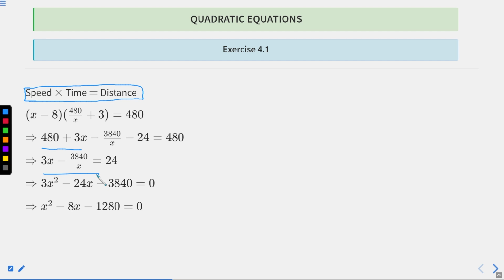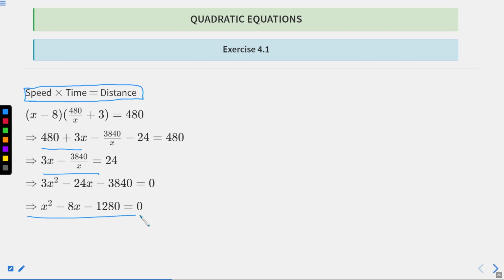Dividing the whole equation by 3, we get x square minus 8x minus 1280 is equal to 0. So this is the quadratic equation, and the situation can be represented as x square minus 8x minus 1280 equal to 0.